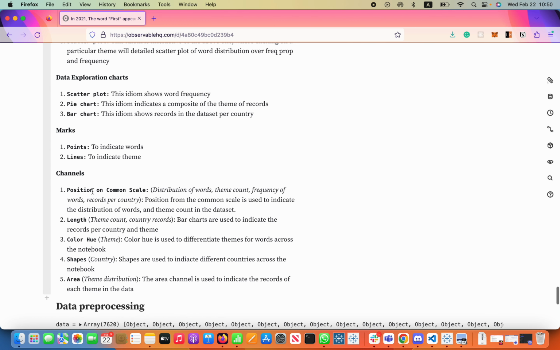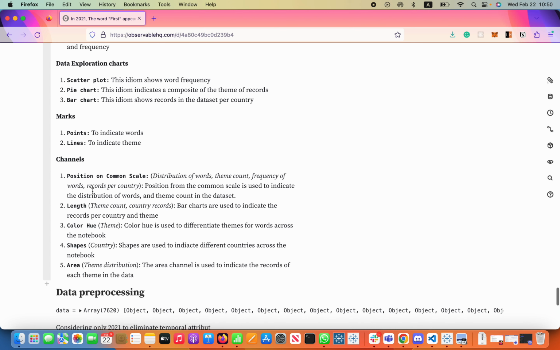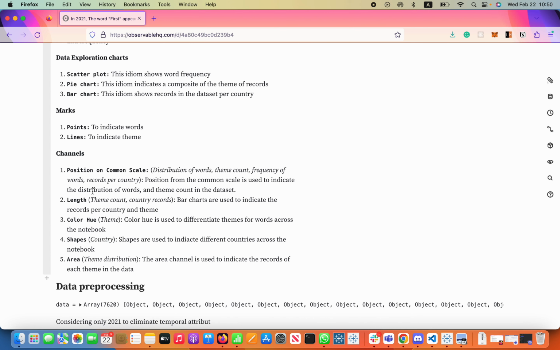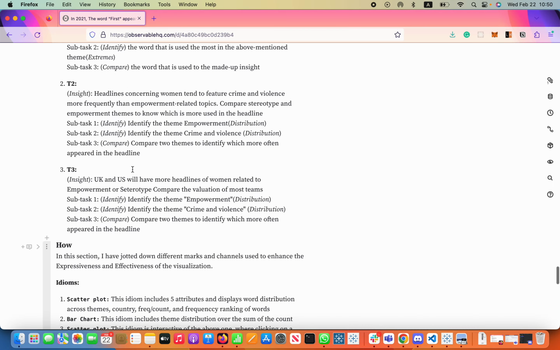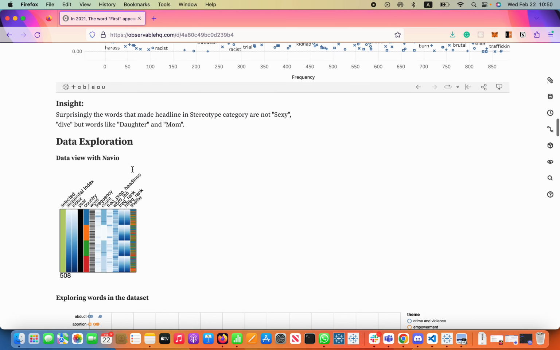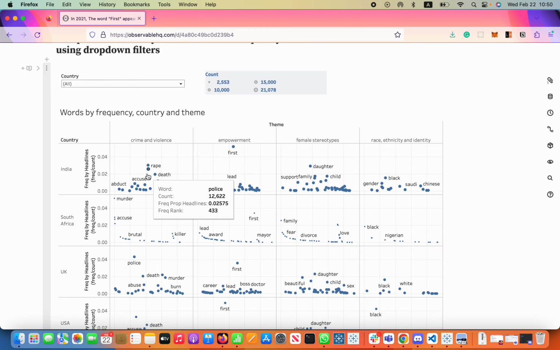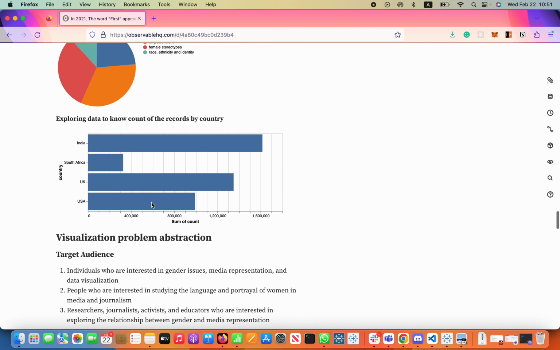My marks are points and lines. I have tried to represent differences in the data by using different channels, such as position on a common scale to show the frequency of a certain word compared to the rest.